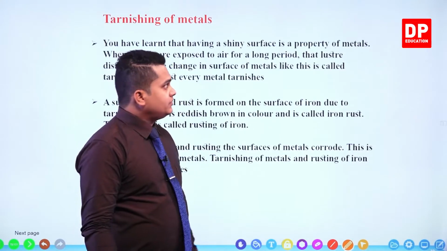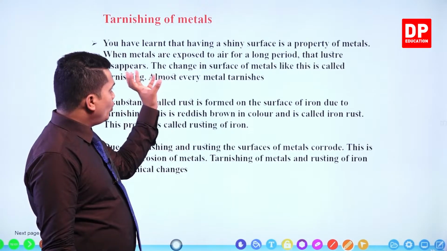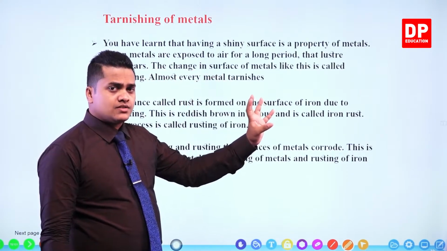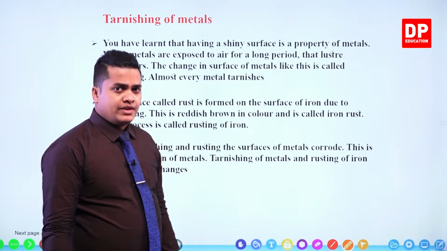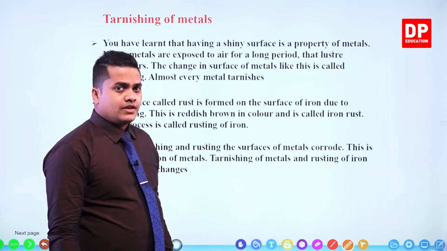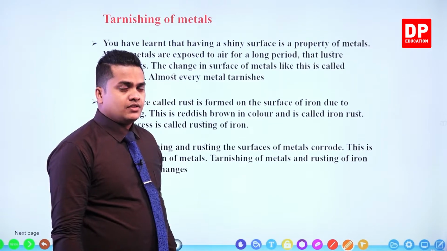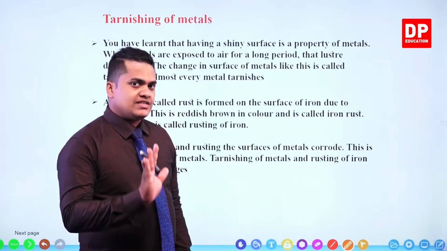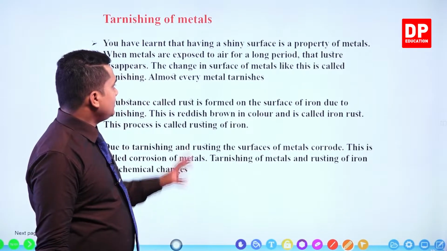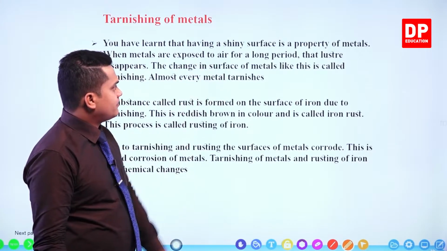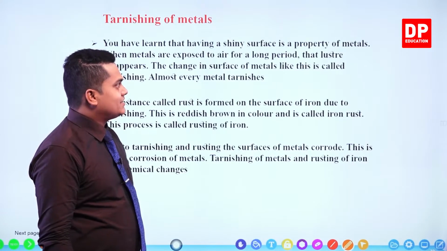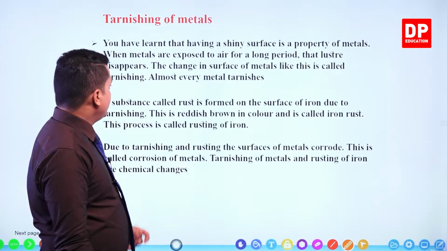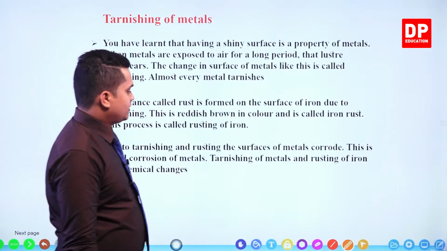So my dear children, when you expose these metals for a long time period to our atmosphere, the lustrous nature of these metals is going to disappear. The change in the surface of metals like this is called tarnishing.